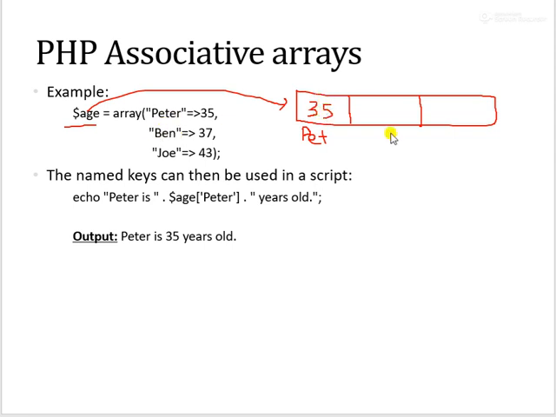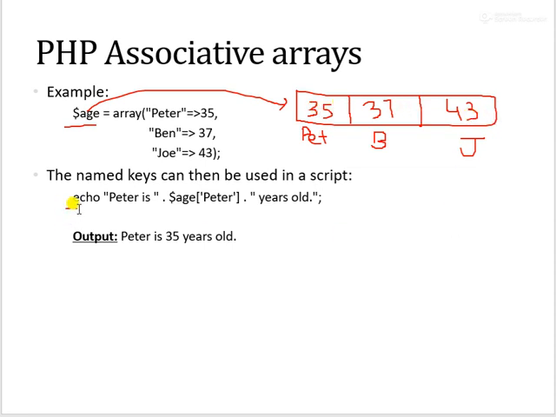The second key is Ben, so the second index will be Ben and the value is 37, and the third index is Joy and the value is 43. We can say that these are named keys, Peter, Ben, Joy. These are your indexes and these are your values, 35, 37 and 43, okay.